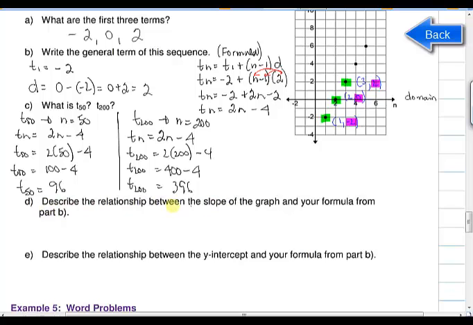So describe the relationship between the slope of the graph and your formula from part B. So we go to our graph, and we know that slope is rise over run, so we can see from our graph that our rise is 2 and that our run is 1.